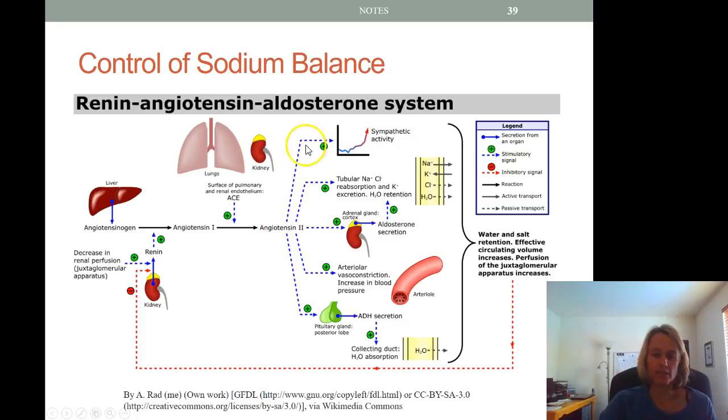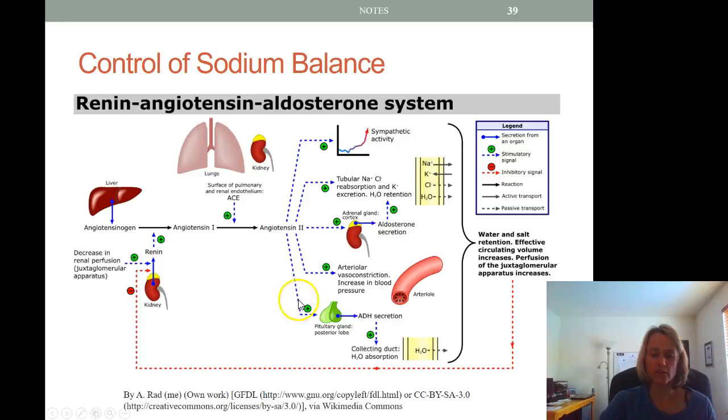Angiotensin 2 is also going to stimulate an increase in sympathetic activity, which will help to raise blood pressure. Angiotensin 2 can also cause peripheral vasoconstriction, which can cause an increase in blood pressure.